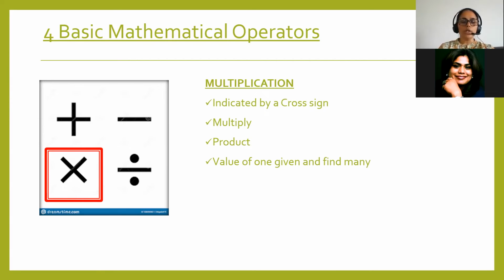In your word problems, when the word story is created, the value of one unit or one item is given, and you are told to find many of those. That will indicate that it's a multiplication sum. For example, the price of one apple is 2 rupees. Find the price of 10 apples. So one is given, you have to find more. That is an indication it's a multiplication word problem.